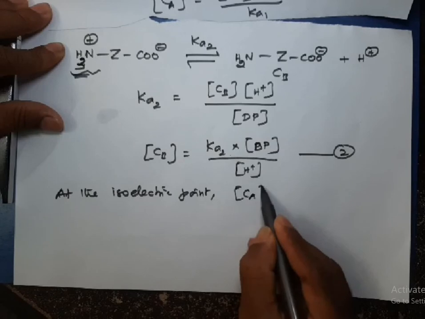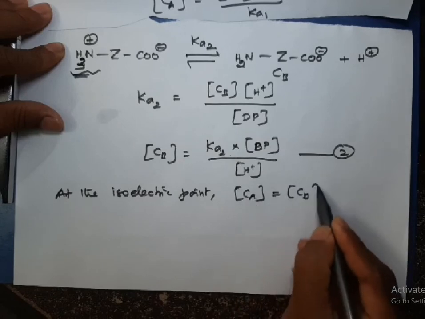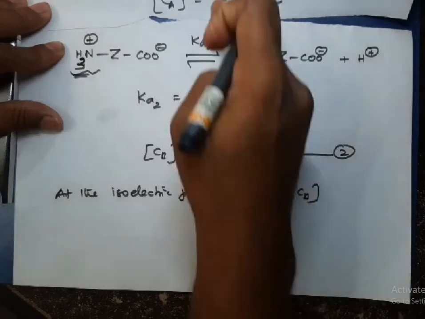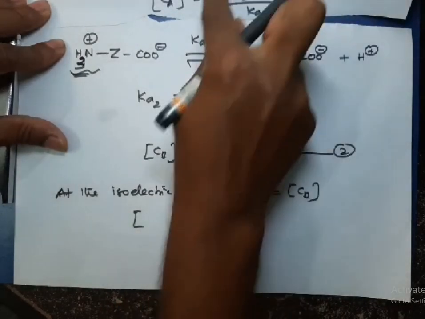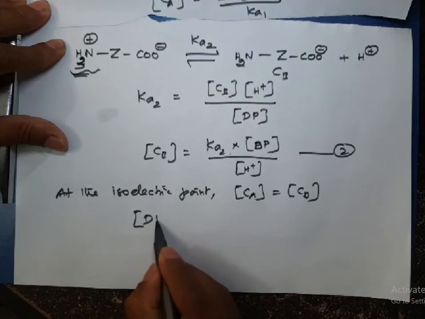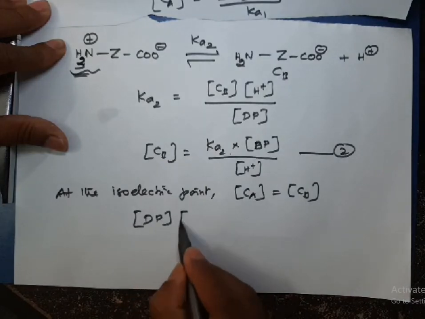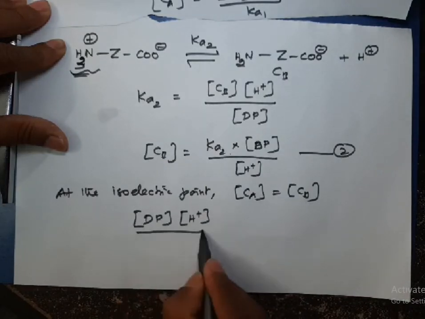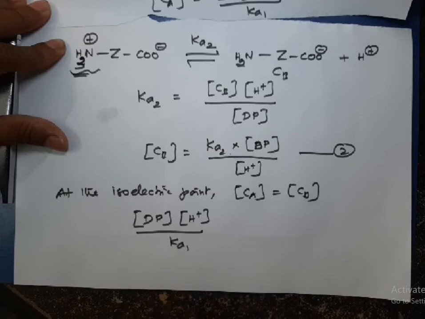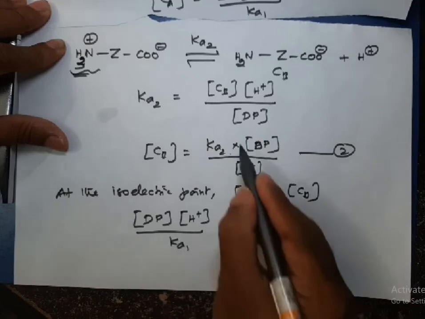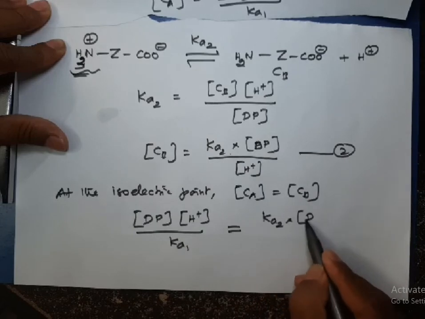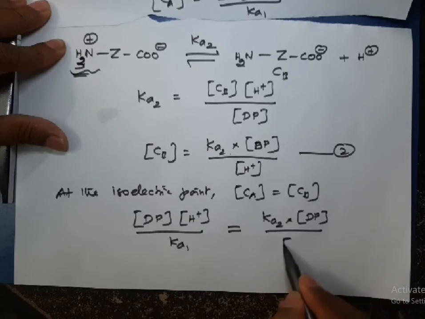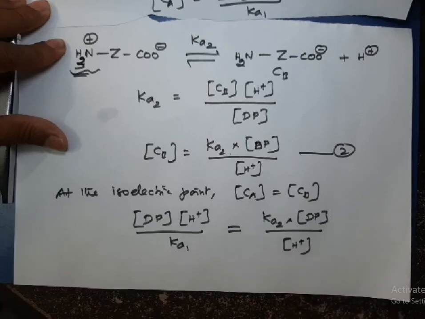Therefore, if I equate these two, the concentration of Ca from equation 1, the concentration of dipolar ion times the concentration of H+ over Ka1, equals the conjugate base concentration, Ka2 times the concentration of dipolar ion over H+.